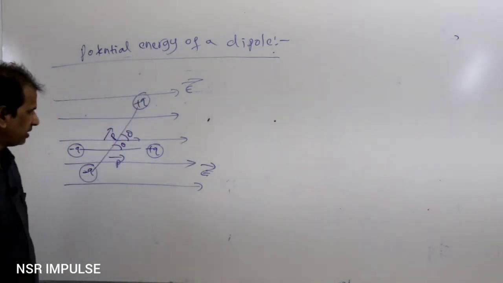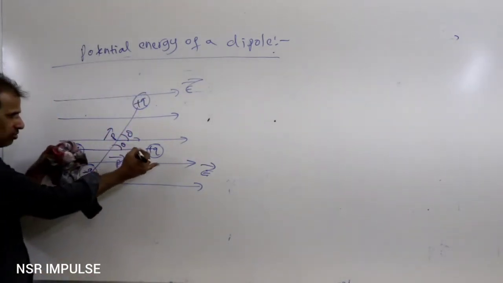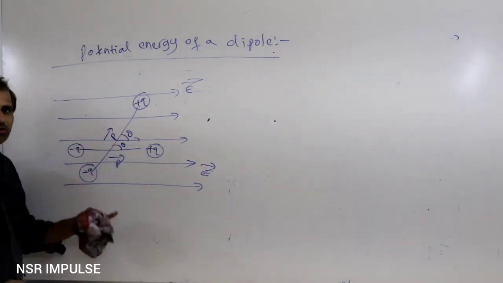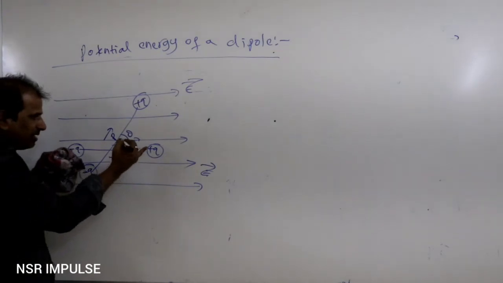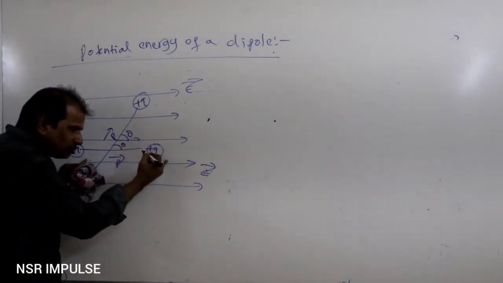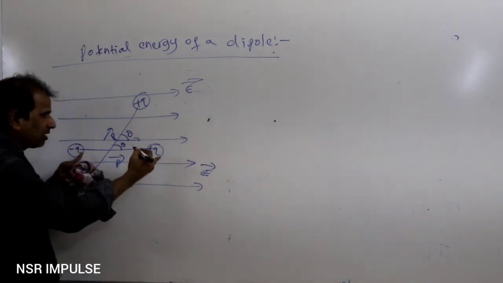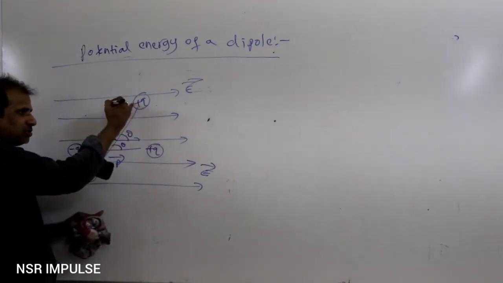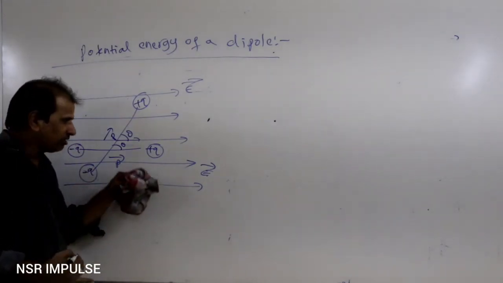In this situation, for this rotation, we are supposed to do work. Why should we do the work? The reason is very simple. The dipole wants to keep itself parallel to the electric field, but we are changing its position up to an angle theta, so we do work against that equilibrium position.